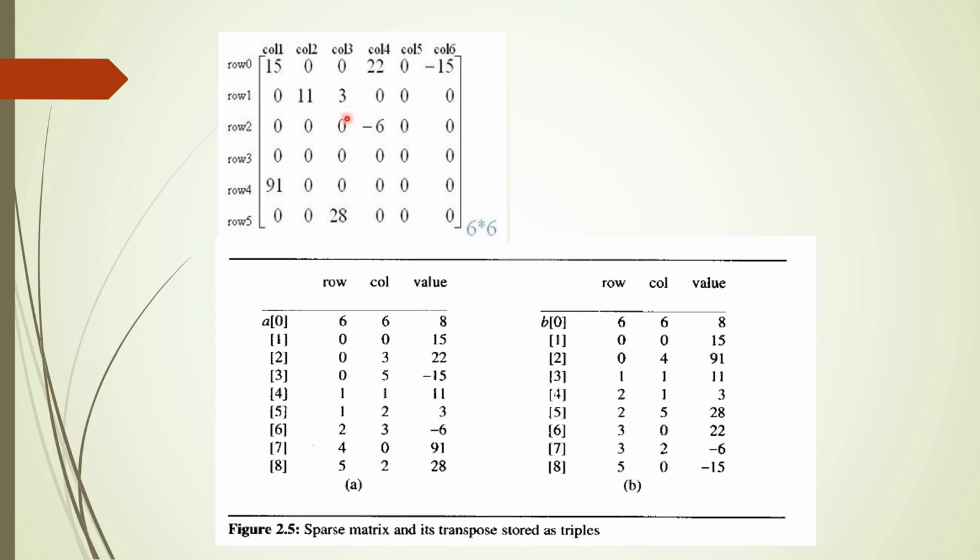Next, first row, second column is 3, and minus 6 is present in second row, third column. 91 is present in fourth row, zeroth column, and then 28 is present in the fifth row and second column. In this way, you can represent the sparse matrix without storing the zero entries, and you can save the space.